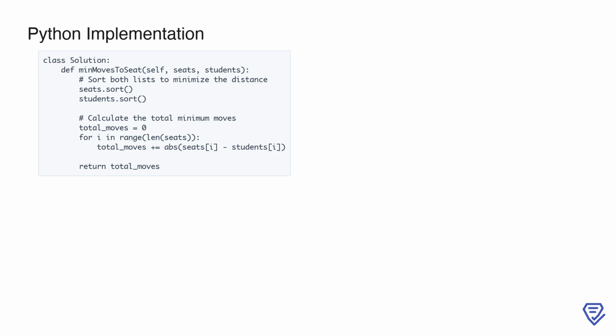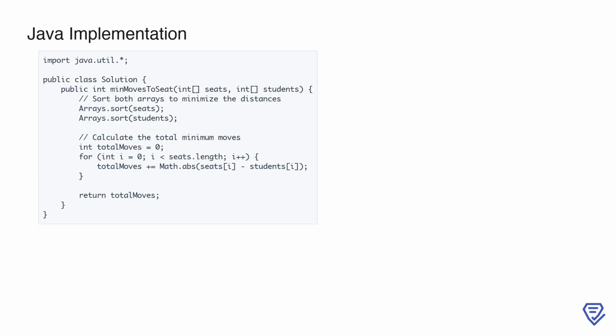This solution is efficient and leverages sorting to achieve the desired optimal pairing. The overall time complexity of the solution is dominated by the sorting step, making it O(n log n). The space complexity is O(1), since we do not use any extra data structures apart from the inputs. This is the Java implementation of LeetCode problem number 2037, minimum number of moves to seat everyone.